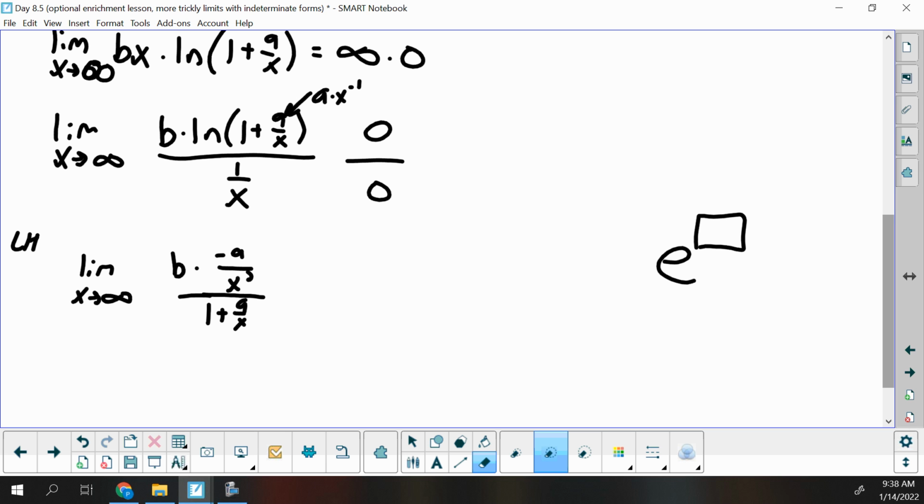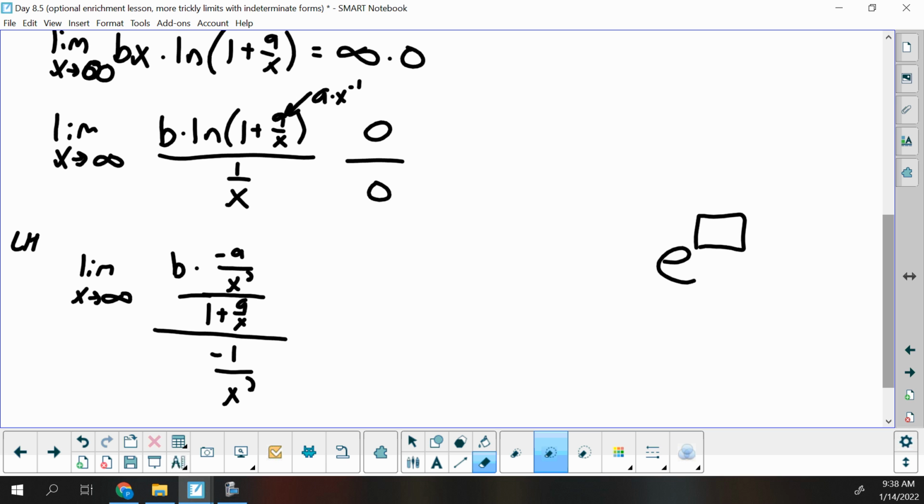And that b, again, was just because that was the coefficient, so that just gets thrown in the numerator. Over our derivative of 1 over x, well, that's like x to the negative 1, so we'd have negative 1 times x to the negative 2, or in other words, negative 1 over x squared.